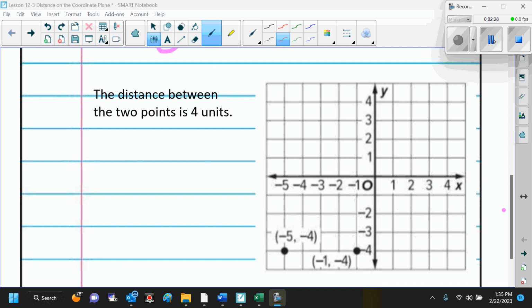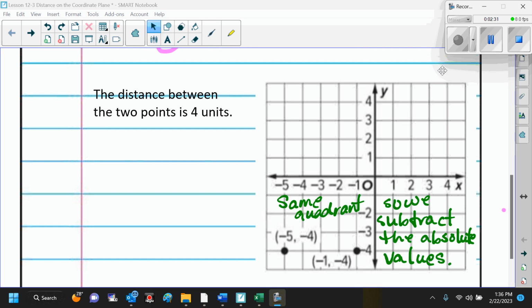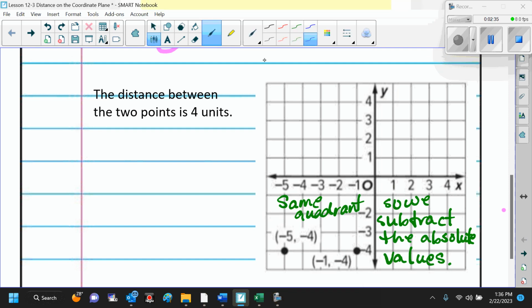Let's write that down. I like to write the ordered pairs of each of the points, one on top of each other. So we've got -5, -4, and we've got -1, -4. So you can see that this is x, y, okay? You can see that the y values are the same.